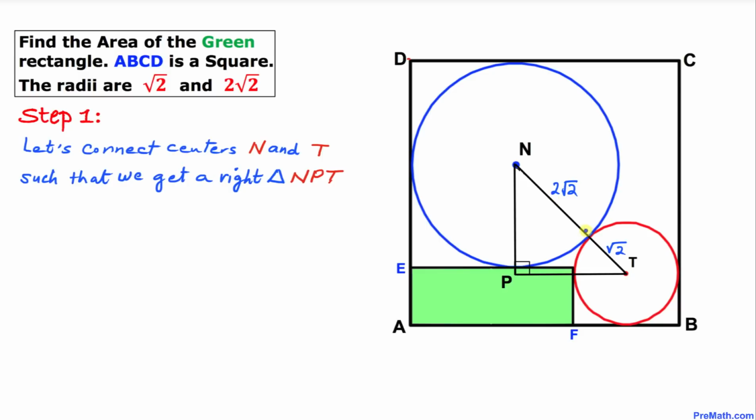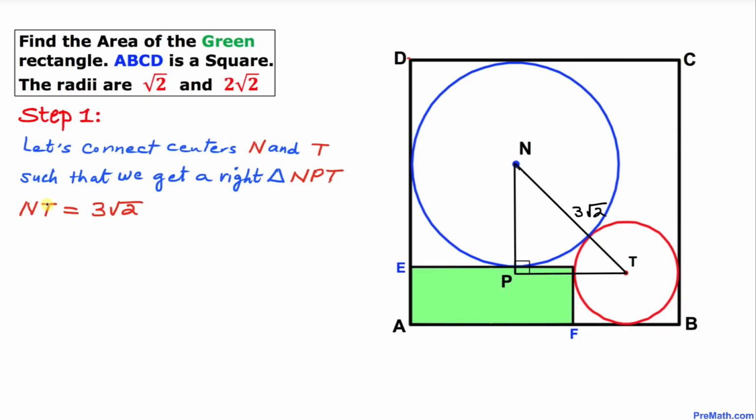If we add these two numbers, that gives us the length of NT, which is 3 times square root of 2.